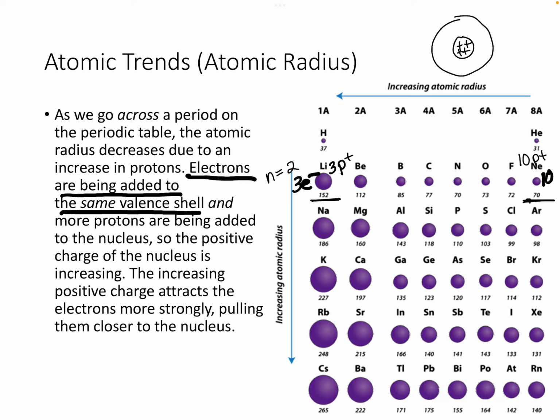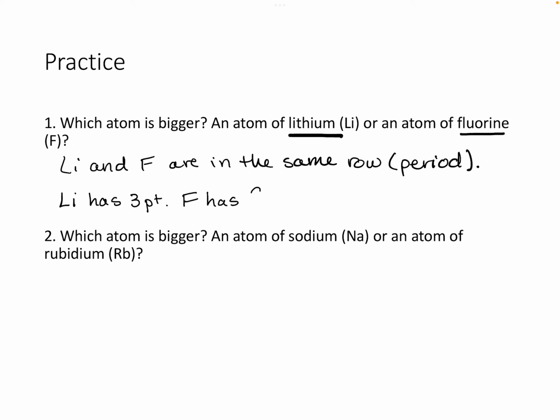Let's see, let's go back. So fluorine is number 9 on the periodic table. So it has 9 protons. Its atomic number is 9. I almost looked at its valence electrons, but we're thinking about protons, right? So since fluorine has more positive charges in the middle, that means its electrons are going to be very attracted to the nucleus.